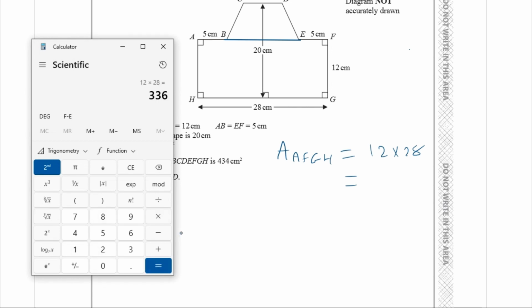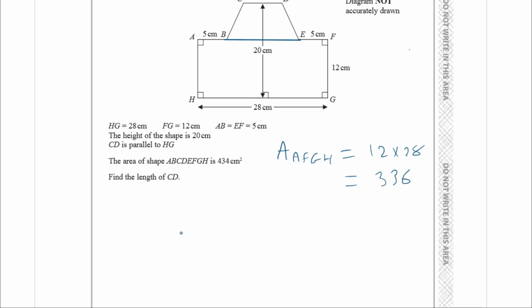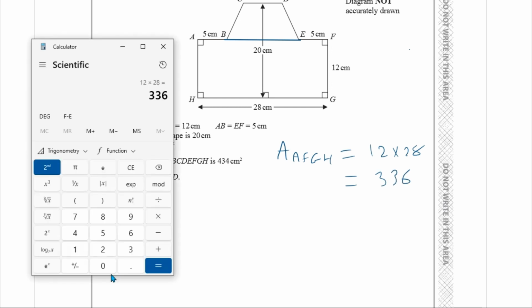So 336. And we can take away 336 from 434 to be left with the area of the trapezium.